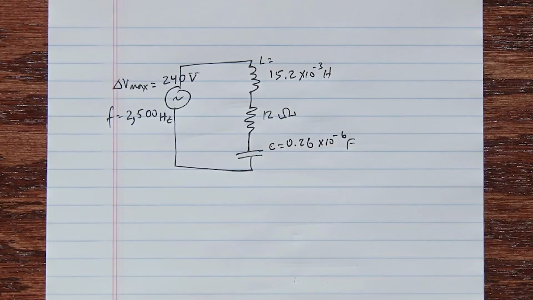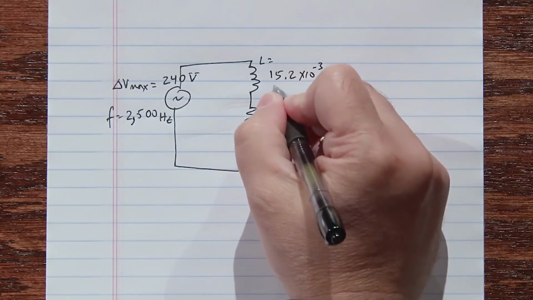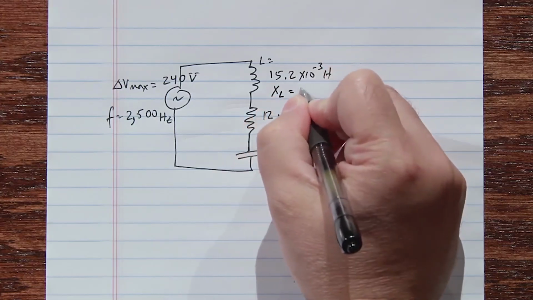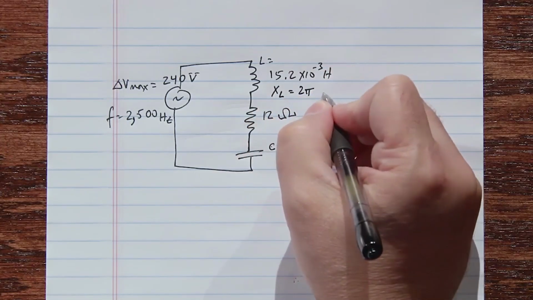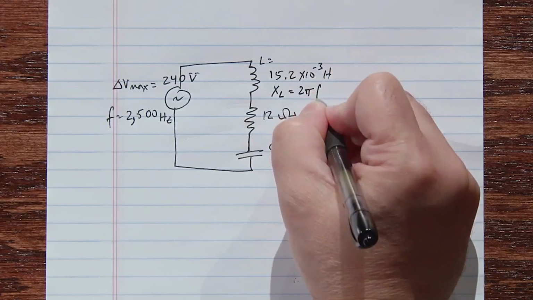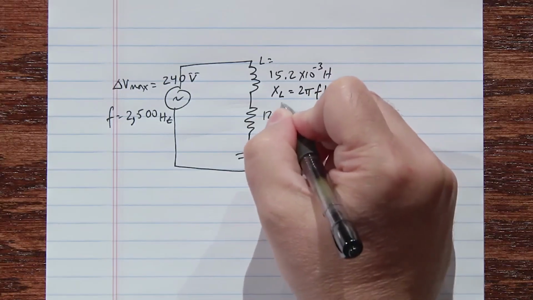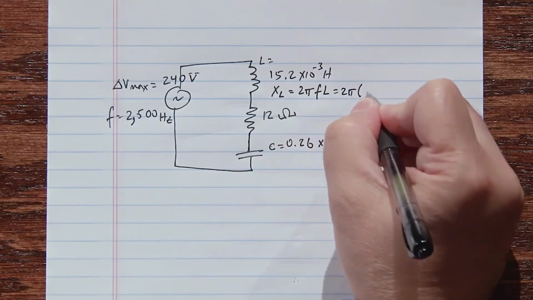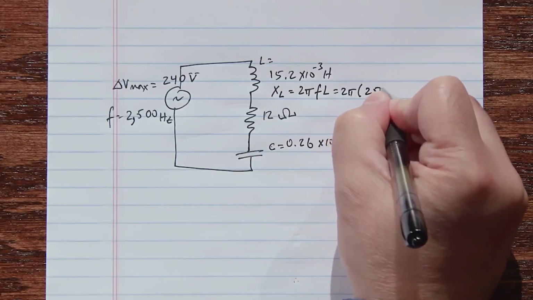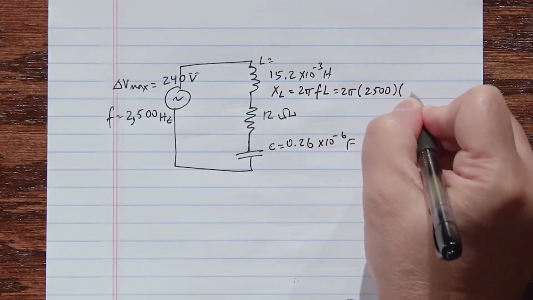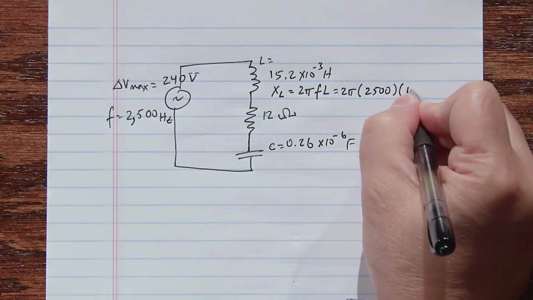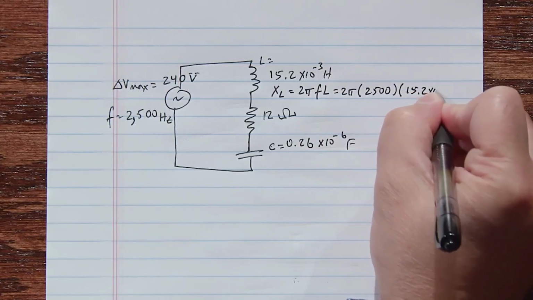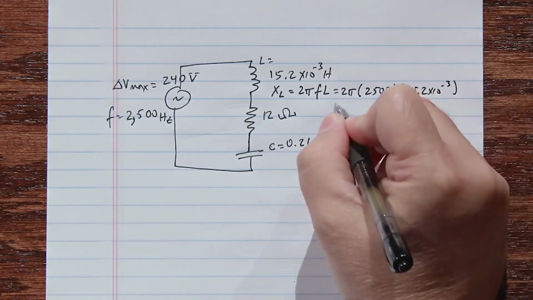Let's go ahead and calculate our inductive reactance and our capacitive reactance. X sub L is 2 pi f L, and so that would be equal to 2 pi times the frequency of 2,500 times the inductance of 15.2 times 10 to the minus 3.